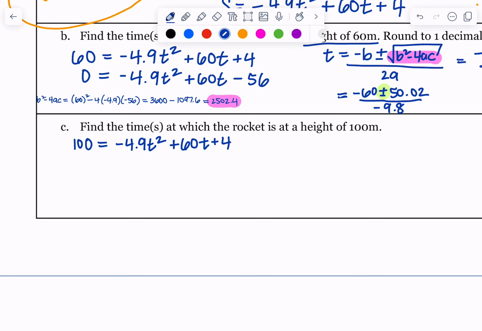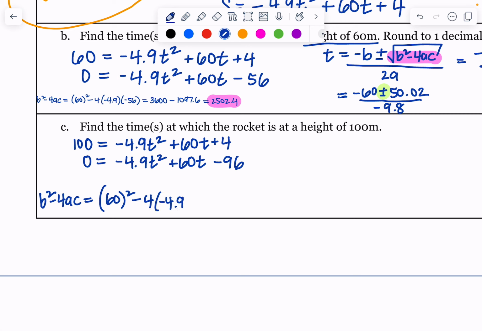When we rearrange, we're going to have 0 equals negative 4.9 t squared plus 60t plus 4 minus 100, so minus 96. Okay, we're going to do the same thing. B squared minus 4ac is 60 squared minus 4 times negative 4.9 times negative 96.